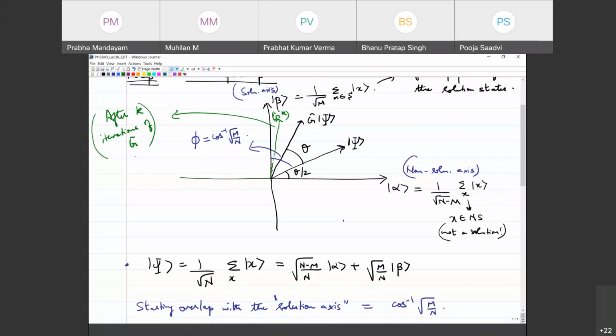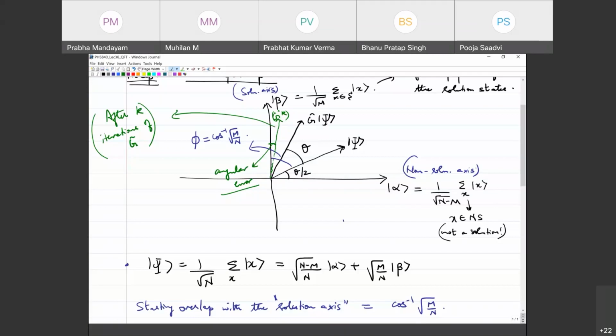And what do I mean by the error? This indeed is what I mean by the error, right? So this angle, I've just put too many arrows, but this is the angular error. And the statement is that if this k is the closest integer to cos inverse square root m over n by theta, then this angular error will be somewhere between 0 to pi by 4, right?